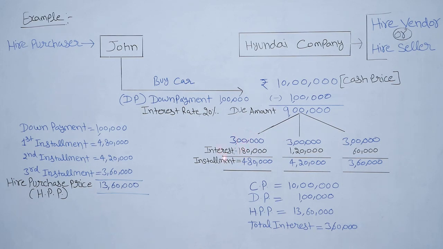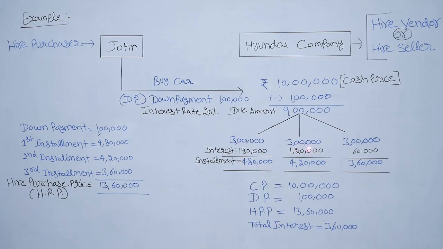So we will calculate interest on 9 lakh rupees. Why 9 lakh rupees? Because out of 10 lakh we have paid 1 lakh rupees as a down payment, so the balance amount is 9 lakh. So 9 lakh rupees into 20% is equal to 1 lakh 80,000. So 3 lakh plus interest 1 lakh 80,000, so the total installment is 4 lakh 80,000.